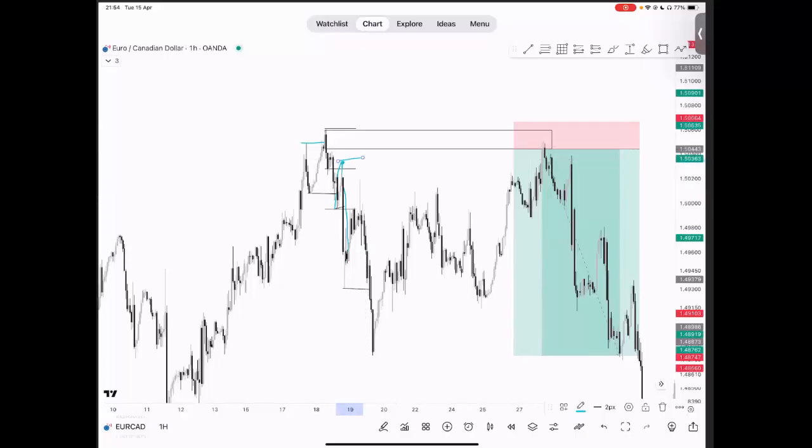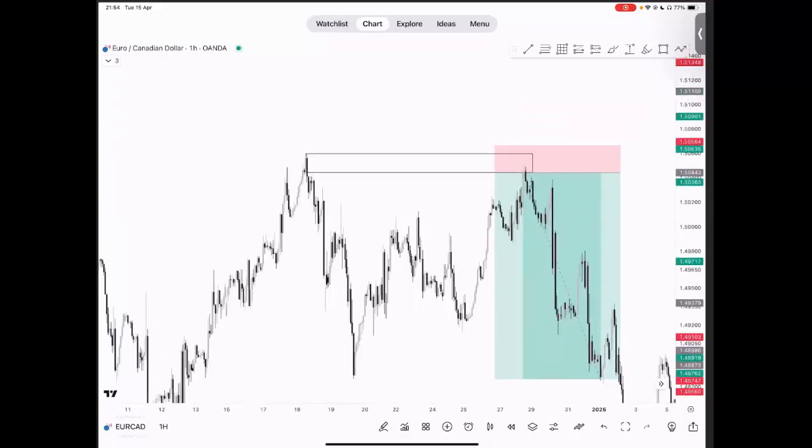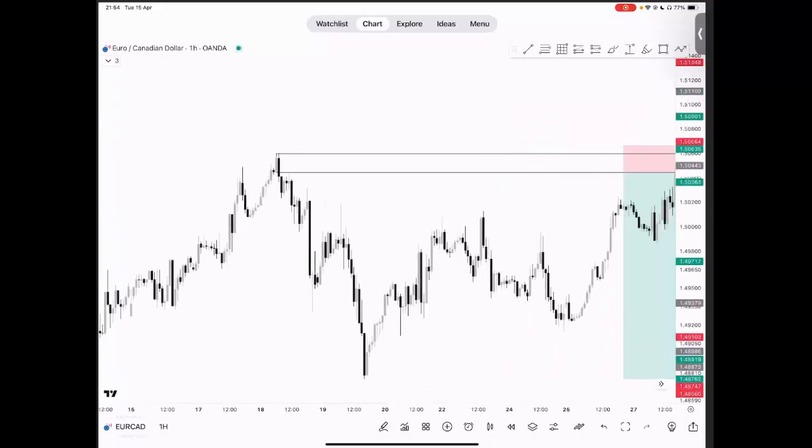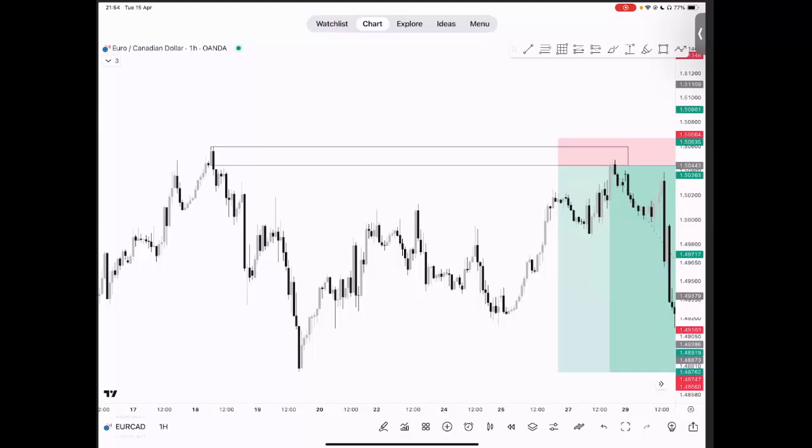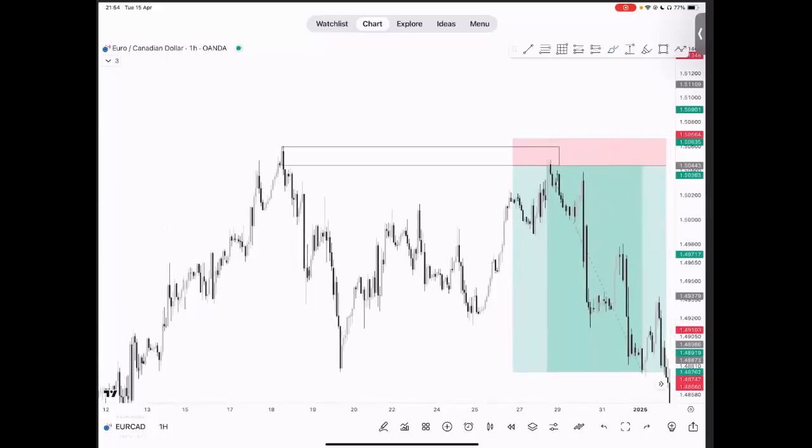And even for those of you that wouldn't have considered this as a pullback, although it is a pullback, for teaching's sake, this is actually a valid pullback here. I told you that pullbacks can be formed by three proper candlesticks. This is not insignificant. This is a valid pullback. But even if you're not considering that level as a pullback and you decide to mark this whole point as, let's say, the point you want to consider as your change of character, right?